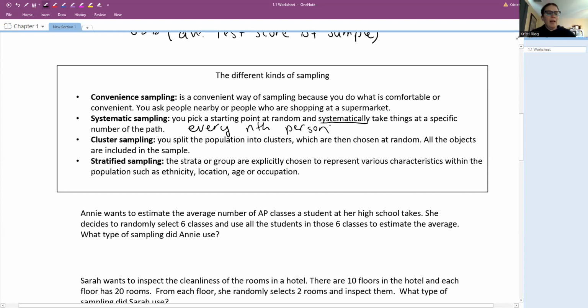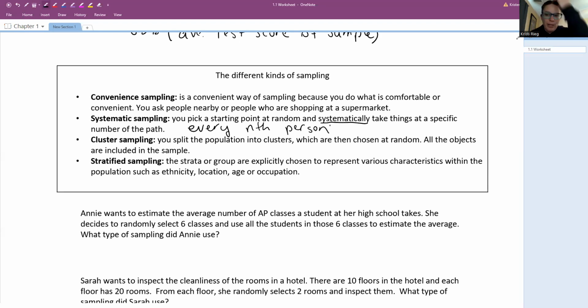What I mean by that is if you want to find out how long it took people to travel to a football game, you could stand at the ticket entrance, and you don't want to ask every person who comes to the football game. That would take forever. But you would have a partner, and the partner would say, okay, let's start with person number 7, and let's take every 10th person after that. So we'll take the 7th person, the 17th person, the 27th person, and so forth. So you're counting by tens.